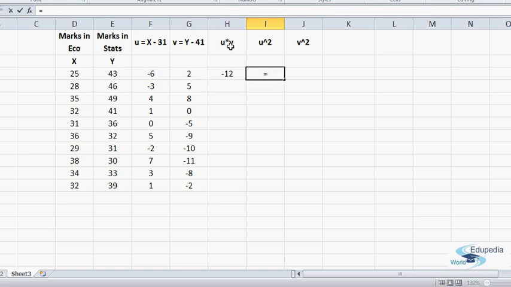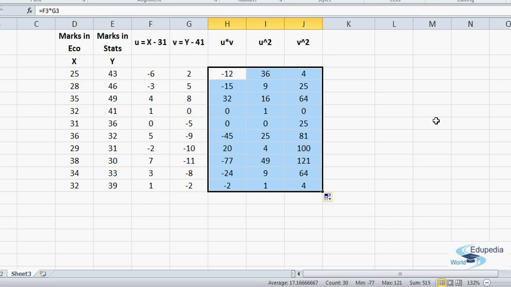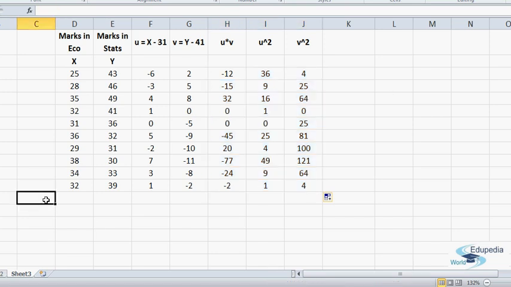U square will be this raised to power 2, and v square will be this value raised to power 2. Now we've got all three columns. Let me drag it down to the last value. Now we have all the required values: u, v, u square, v square, and u multiplied by v.